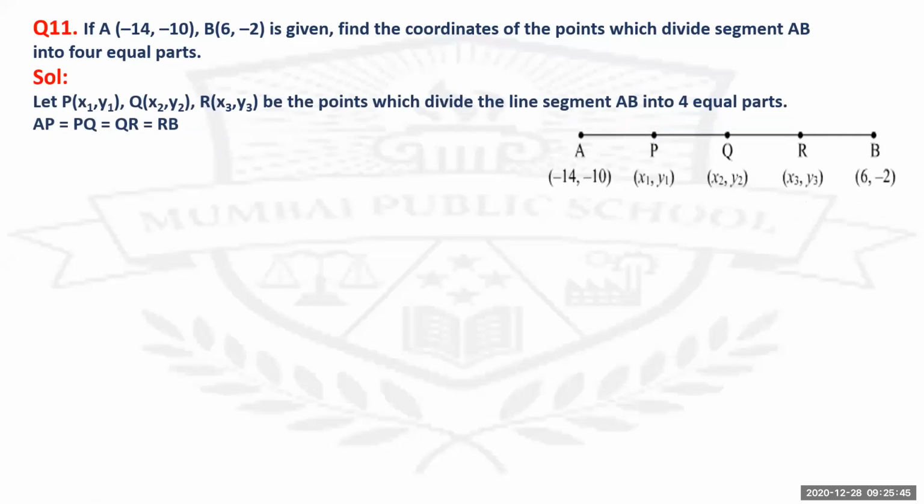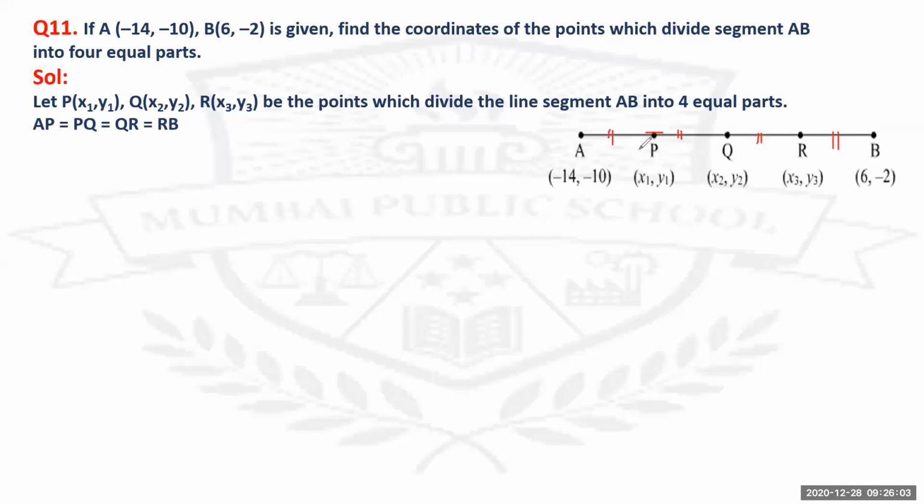So what you'll do is again the same thing. Let P be (x1, y1), Q be (x2, y2), R be (x3, y3). So AP equals PQ equals QR equals RB.